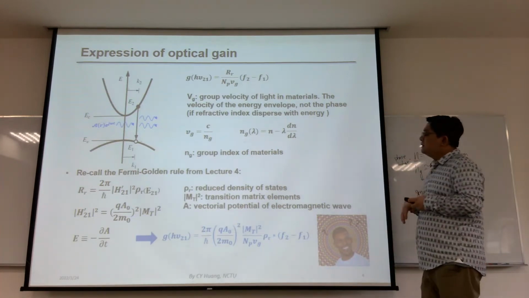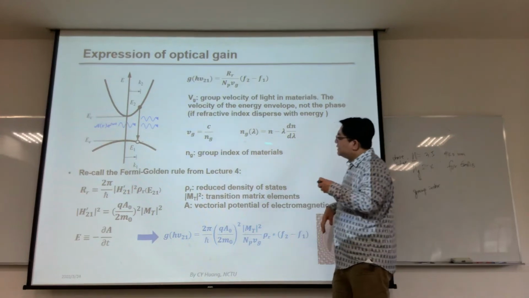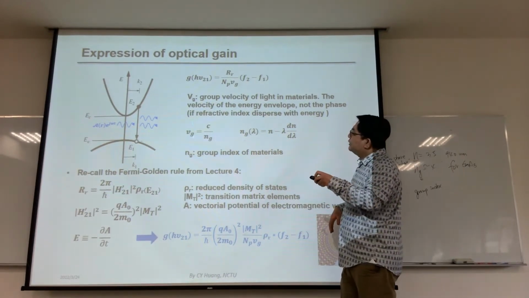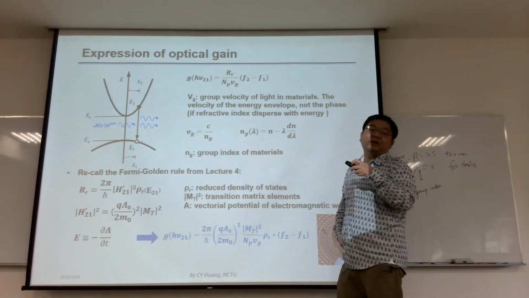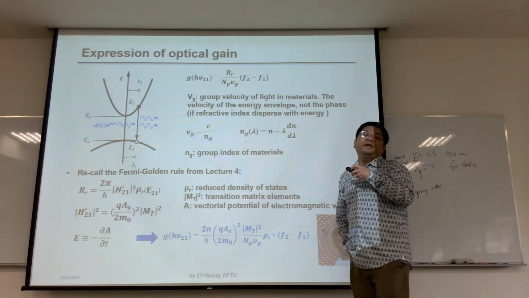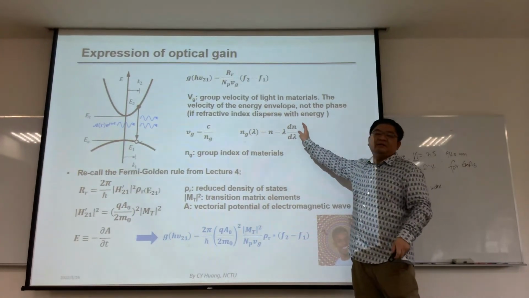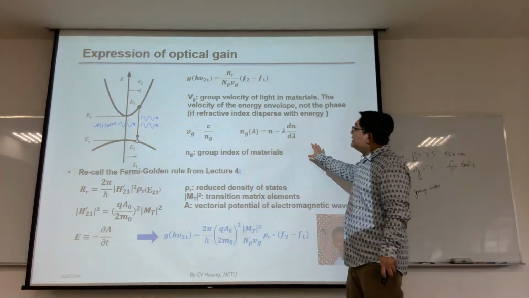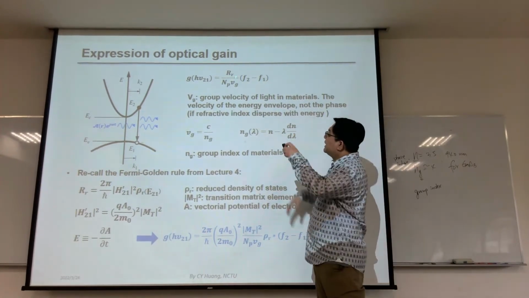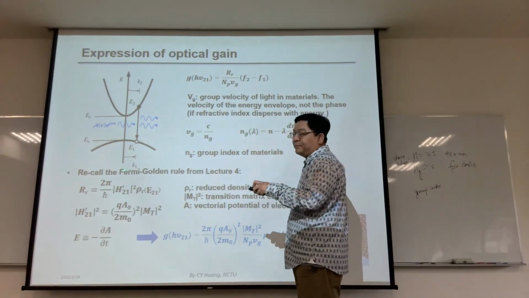Okay, so anyway, let's continue to expand that. First we remove the vg, because vg is something that we usually don't have the number for, but we can evaluate the group refractive index as long as you have its dispersion relationship. Then we need to expand R. This is the Fermi golden rule.